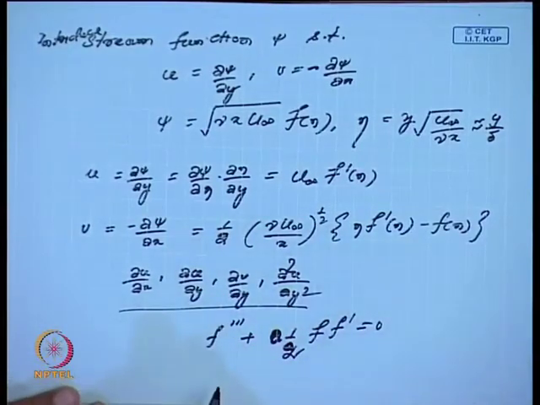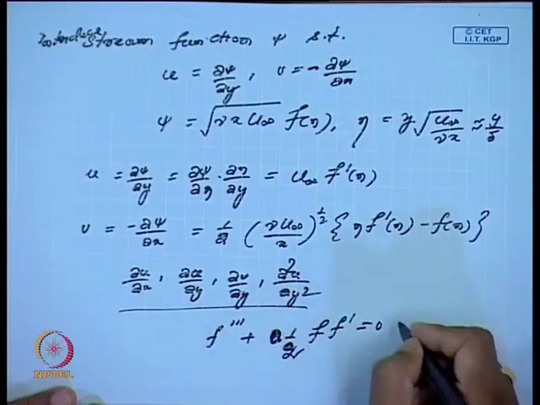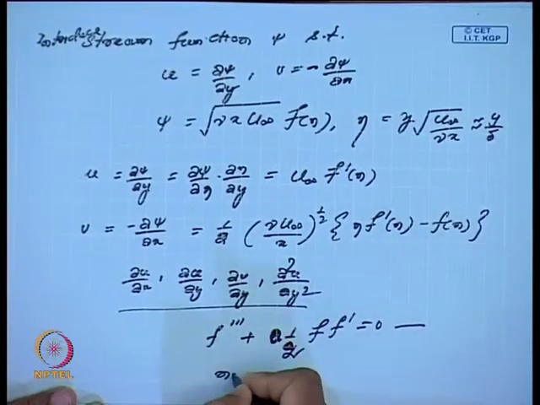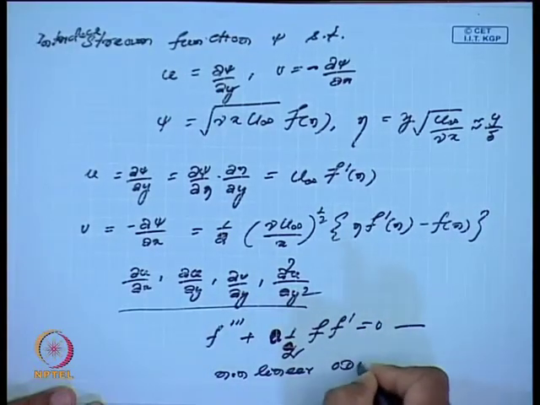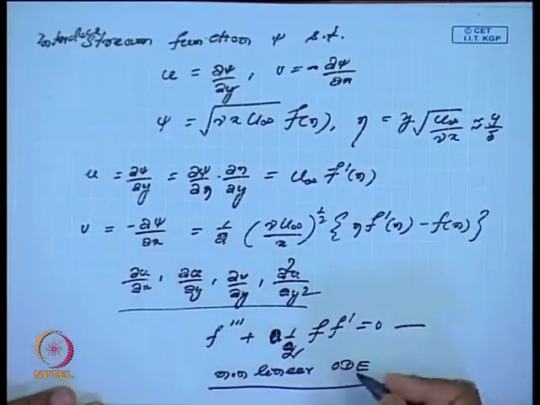The boundary layer equation reduces to this, and this is a nonlinear ordinary differential equation, known as the Blasius equation.